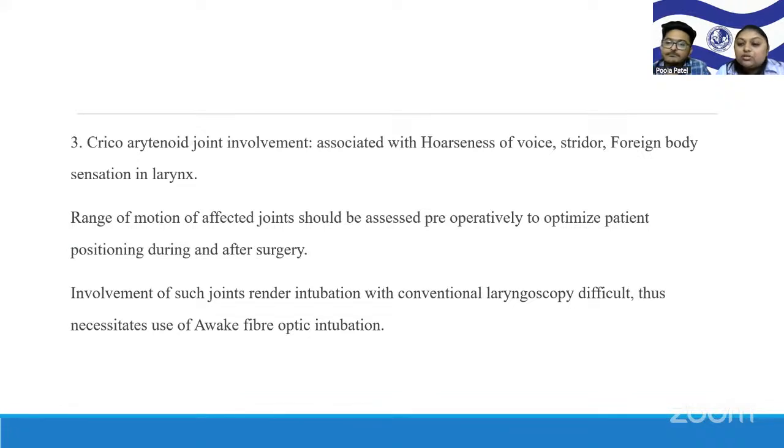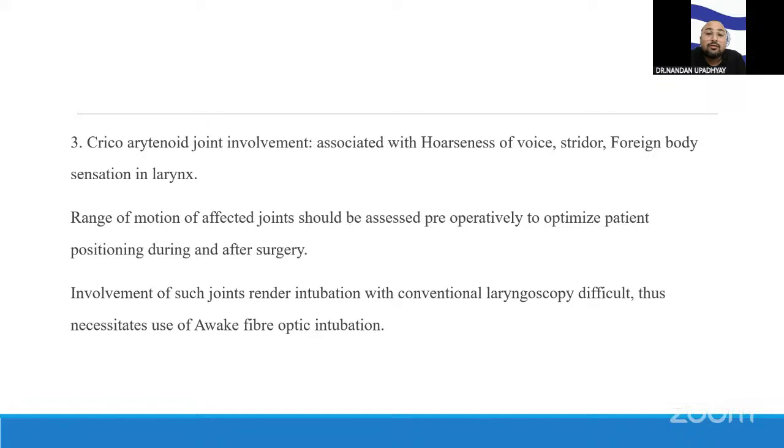So preoperatively, we should look for pulmonary manifestations, and if required, we should optimize the patient with chest expansion strategies, deep breathing exercises, three-ball spirometry, or chest physiotherapy. This reduces the chances of postoperative pulmonary complications, especially in cases where we need to go for general anesthesia.